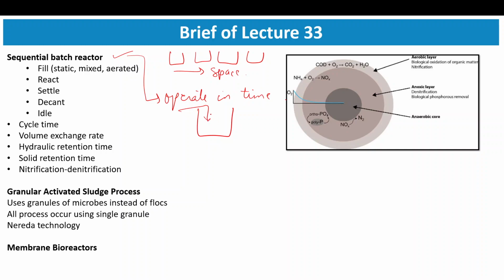So here, once we fill the tank, during that we do not provide any mixing. We statically fill, so there will be some filling time. After it is filled, we provide microbes or whatever is externally required, mix it, and aeration is provided by supply of oxygen.